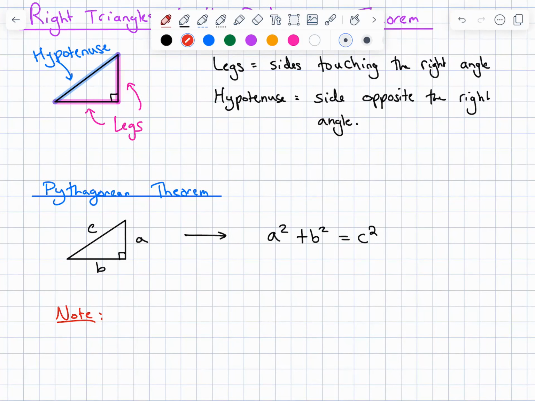And then some notes. First note is that this only works with right triangles.